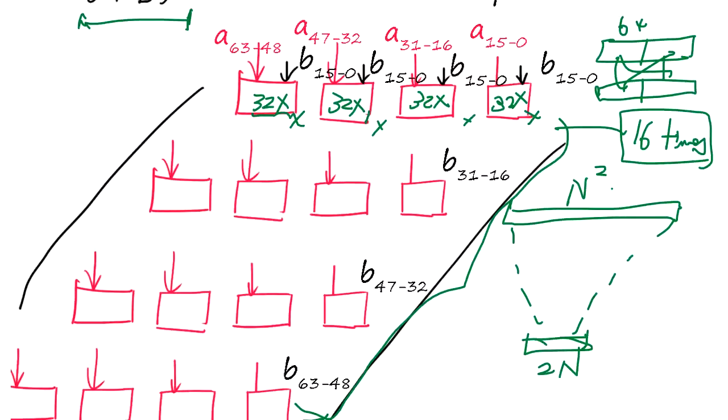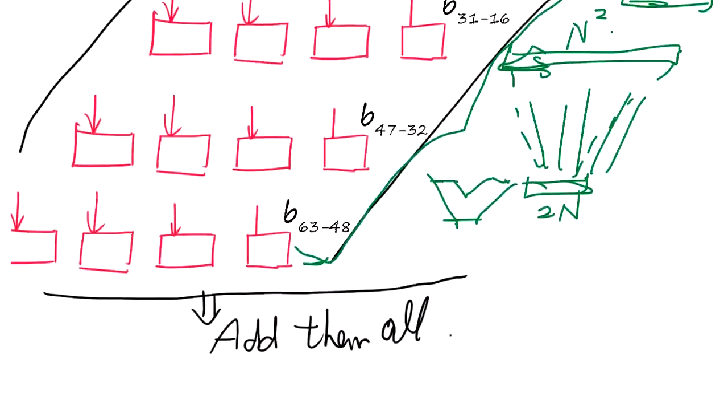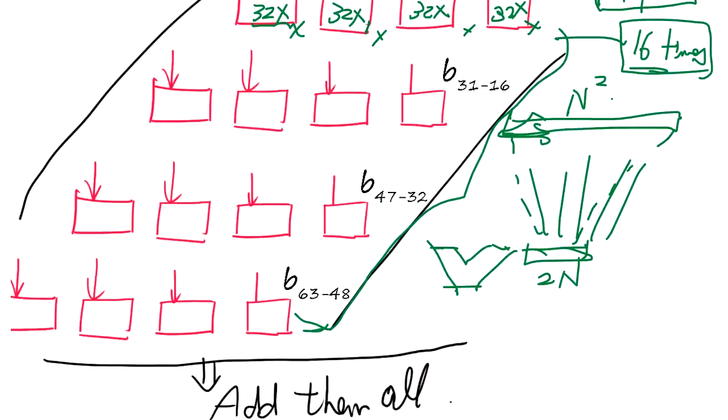So you multiply 16 times, and the results are added up using the ALU. So multiplication is quite a big operation. This is the kind of problem we're facing when the word size gets bigger.